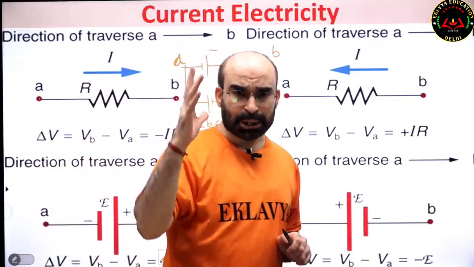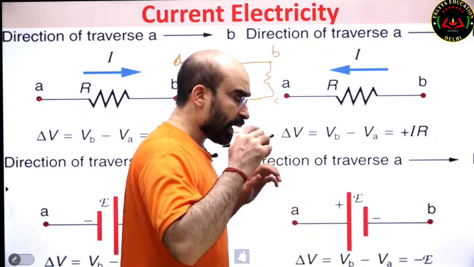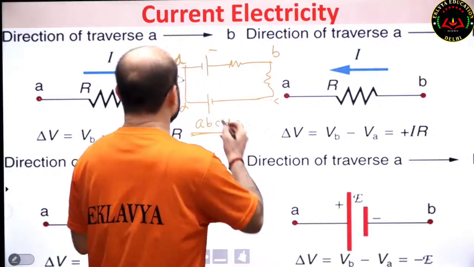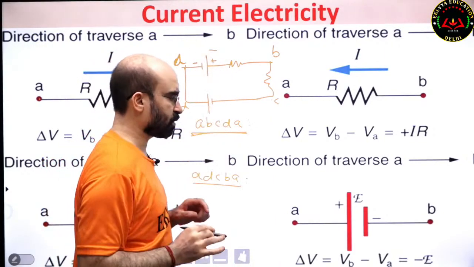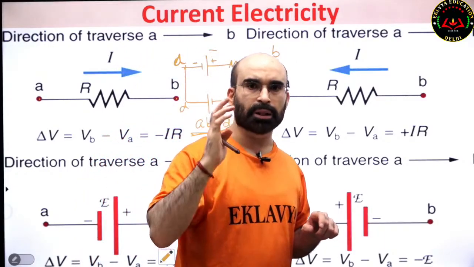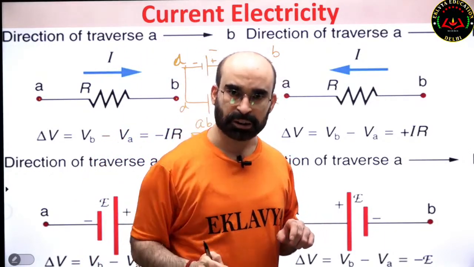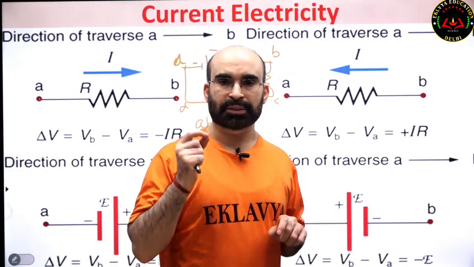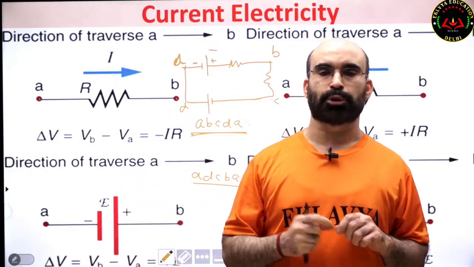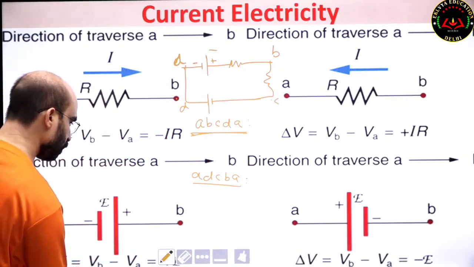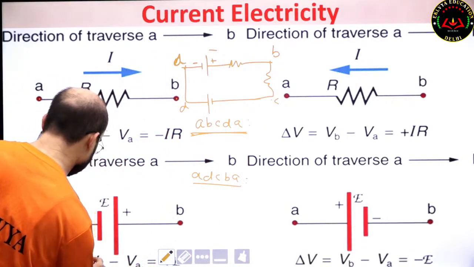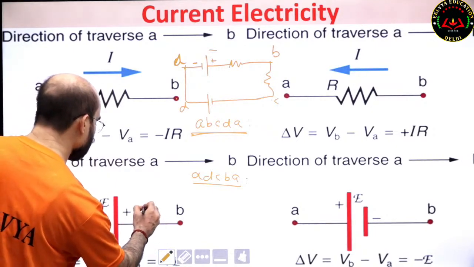But what you need to understand is, during the journey from A to B, if the negative terminal of the cell comes first, you need to consider the value of EMF to be positive. This is what you have to understand. VAB, this is positive.